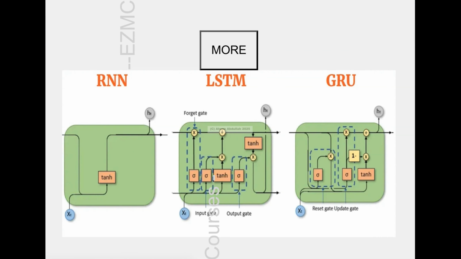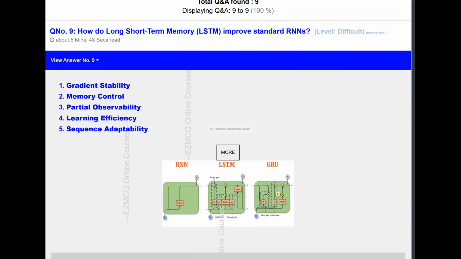So this is the standard RNN, and you can see how the input gates work, how the output gates work, and how the hidden states are handled. Let me explain all of this to you.